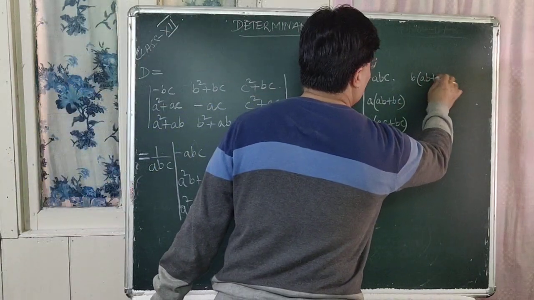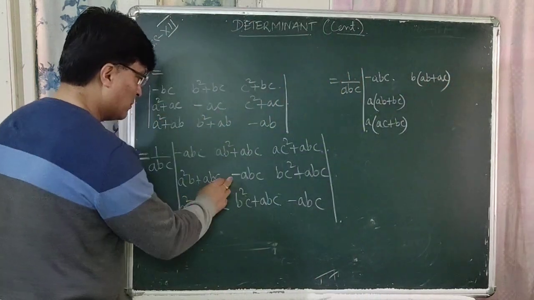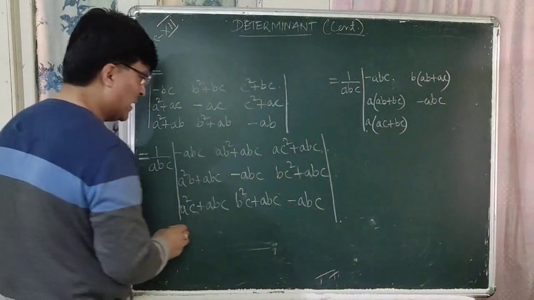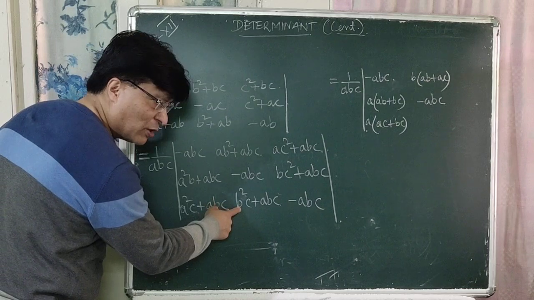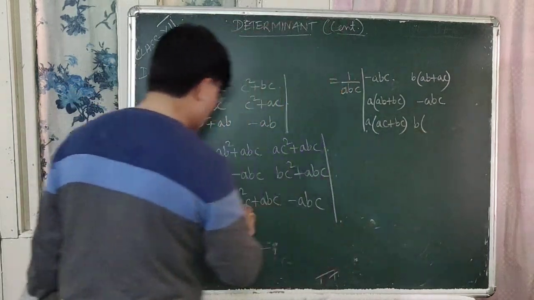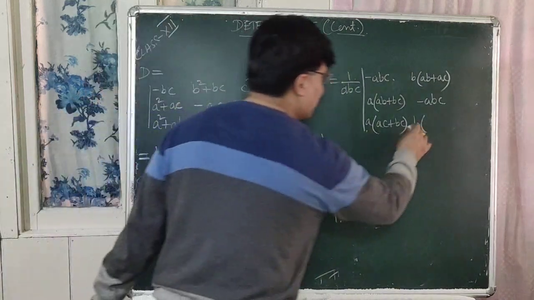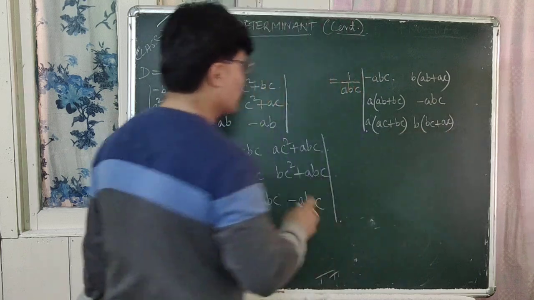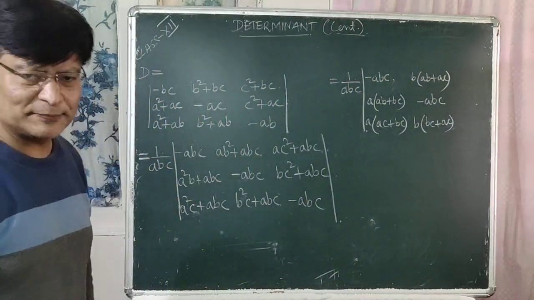From next, minus ABC. From the next third term, what is common here? Also B. So B is taken common within bracket. What do we get? BC plus AC. So I think it's correct. You can check it also.